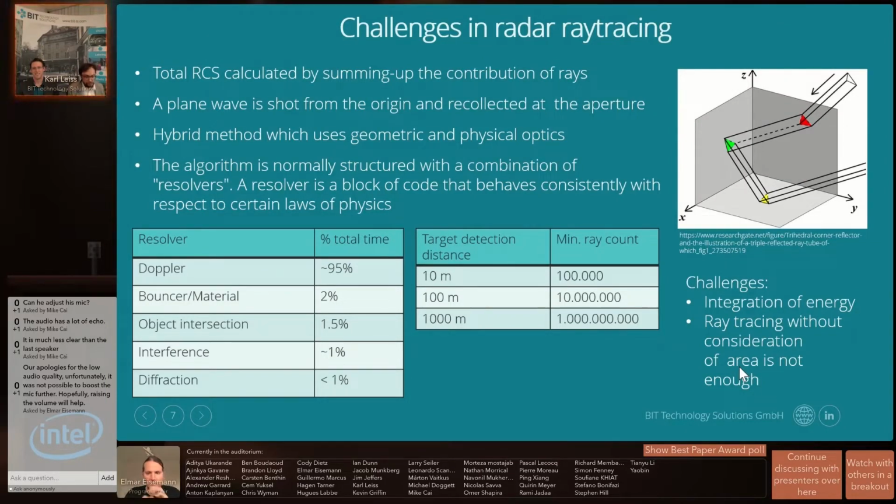It's not possible to describe it in detail in a slide, but let me just say that you can perform a ray tracing with the radar in a classical way if you somehow extend the concept of primary ray.